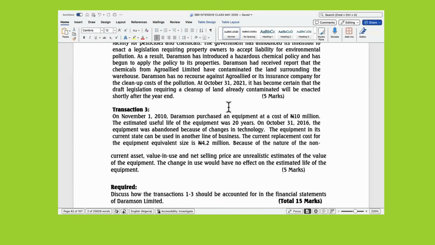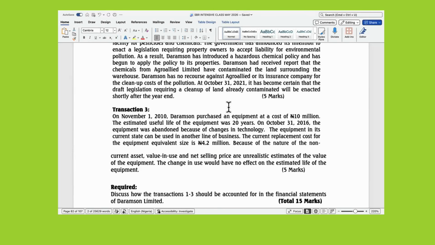You still continue to depreciate and keep it in your books, provided it can have an alternative use. And some other further details as well.